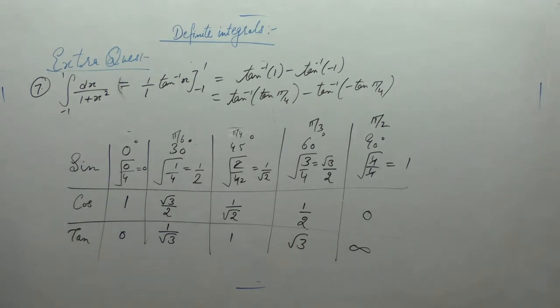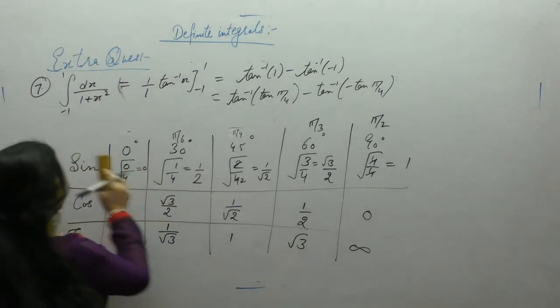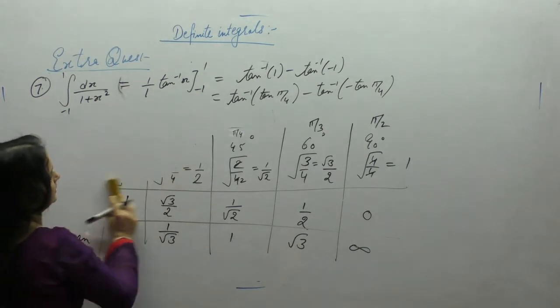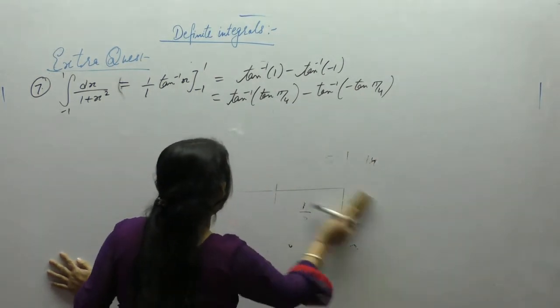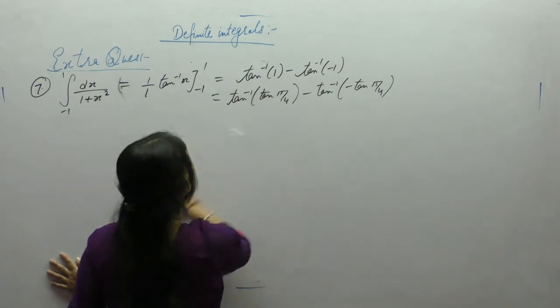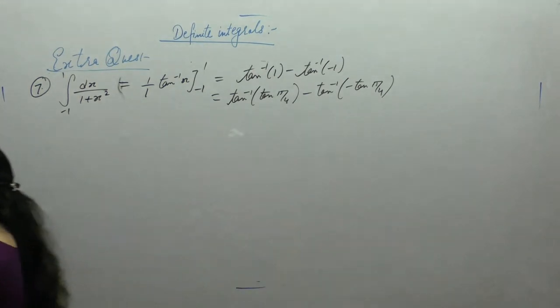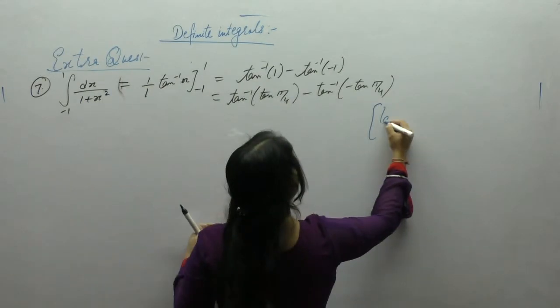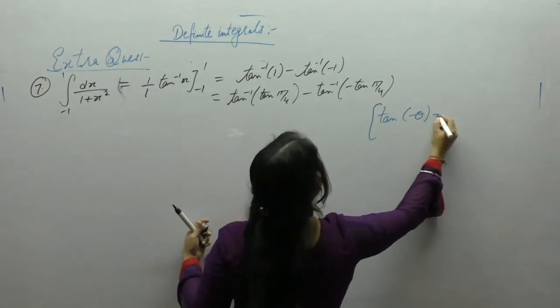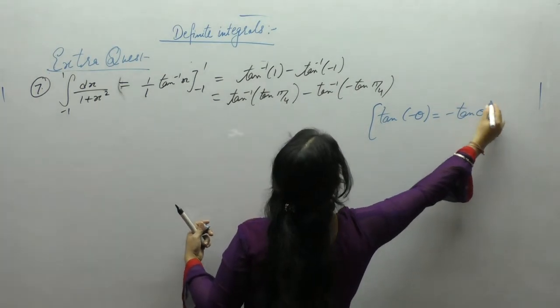अब हमारे पास tan नेगेटिव का कब होता है? Tan minus theta is minus tan theta.